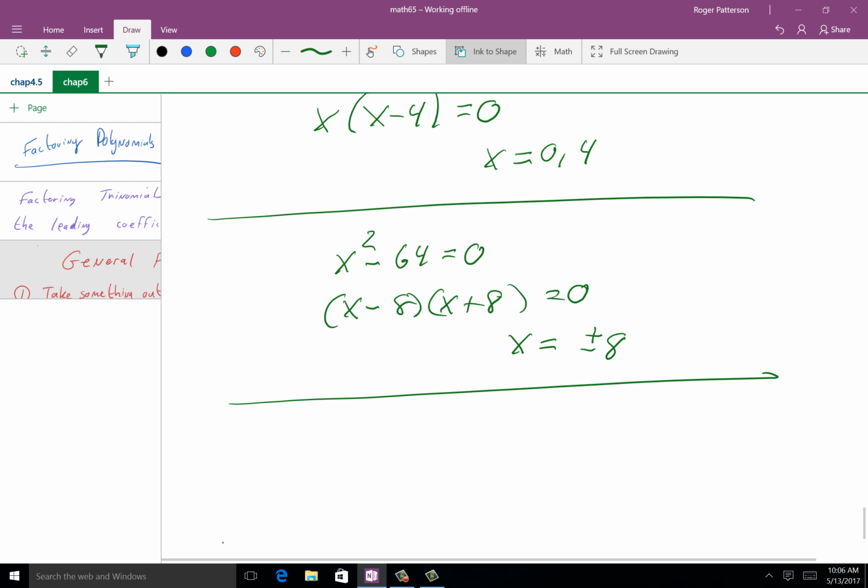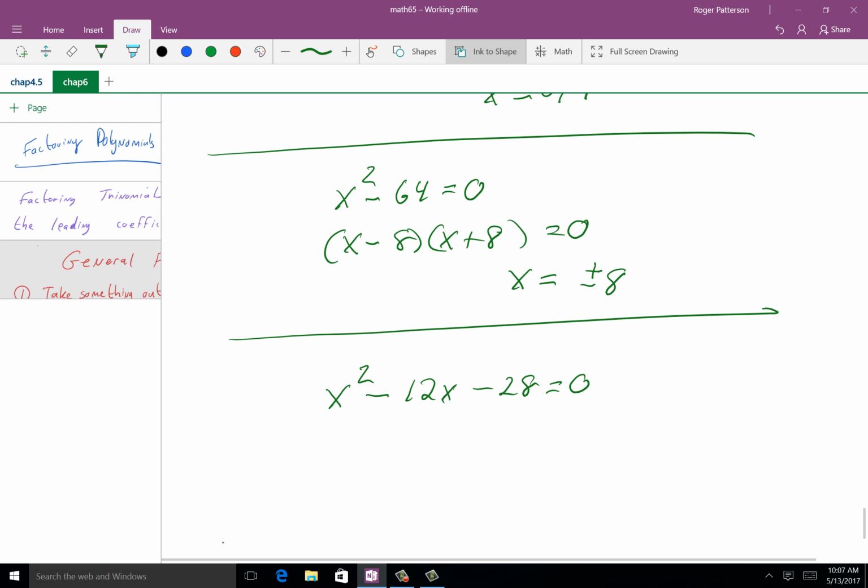Okay. AC method, guess method? Really? Is there a number in front of the x squared? No, so don't use the AC method then. Don't use it when there's nothing in front there. It's a waste of your time. We're just going to factor it.